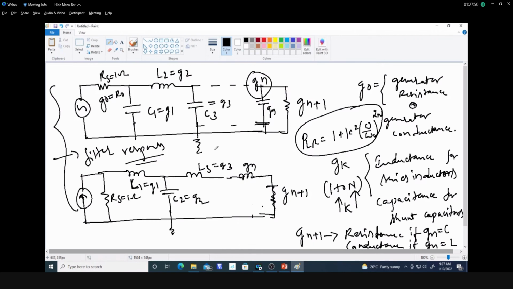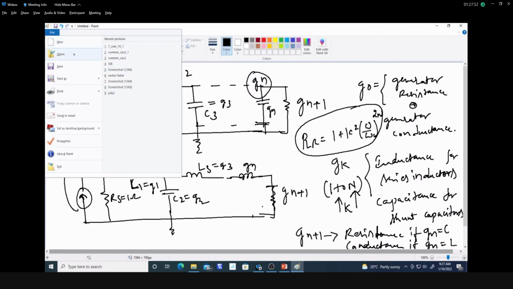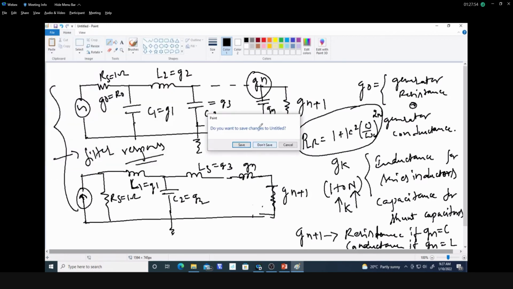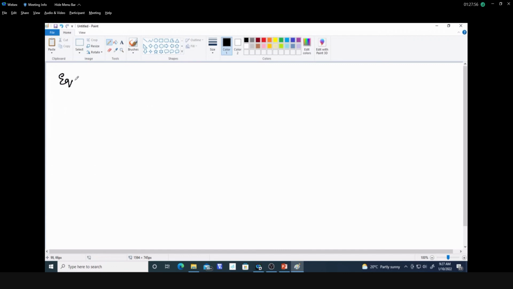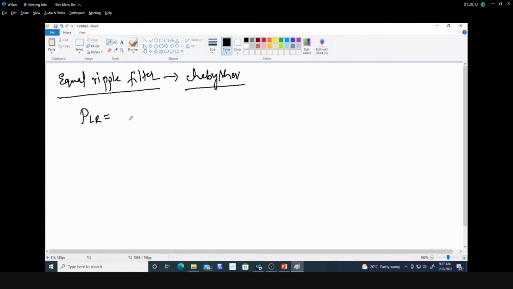Now similarly, we have another type, the equal ripple filter, which we have already discussed. Equal ripple, or we can have the Chebyshev kind of response. Now we know the power loss ratio for this. What is the power loss ratio for this?